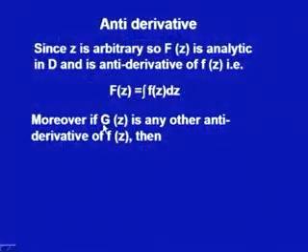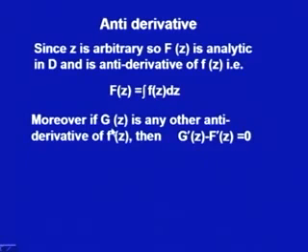Now suppose there is some other antiderivative of this small f, which is capital G(z). Then what will happen? Because G(z) is an antiderivative, G dash z will also be small f(z). So, the difference of G dash and F dash would be small f(z) minus small f(z), which will always be 0 for all z.